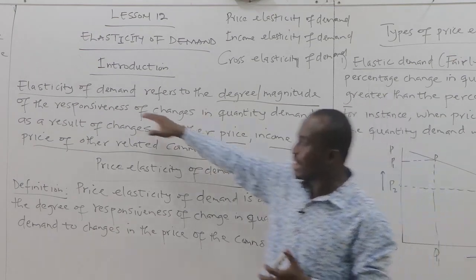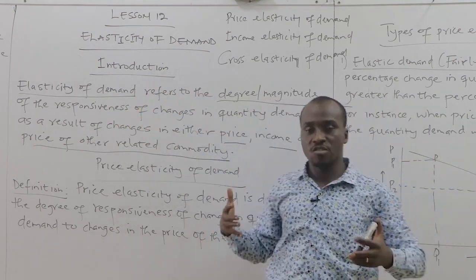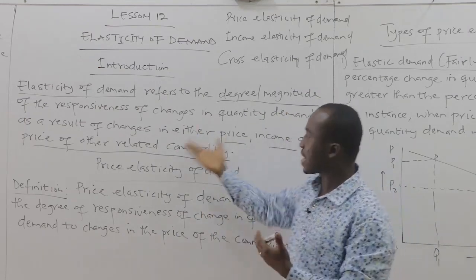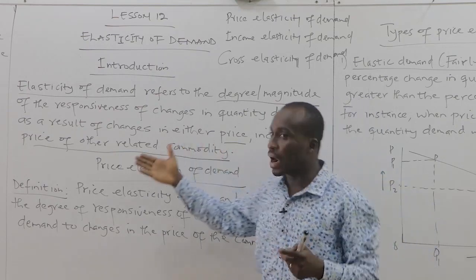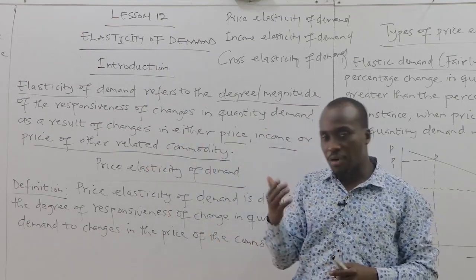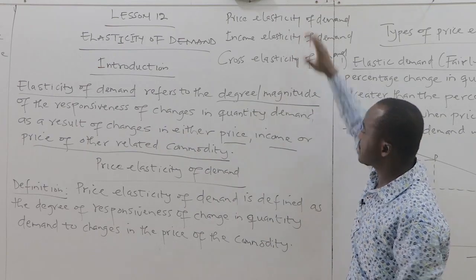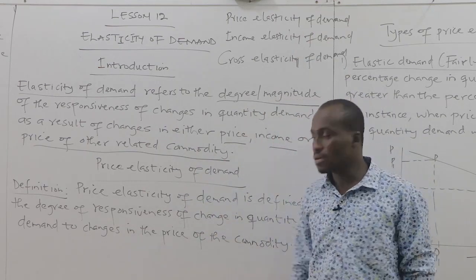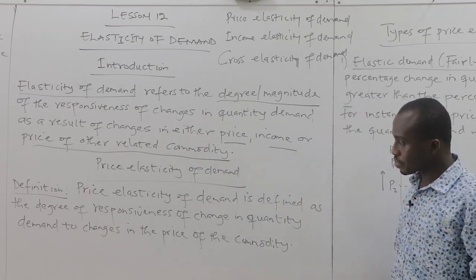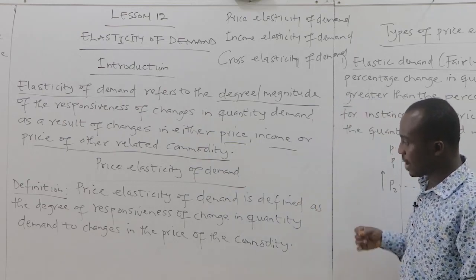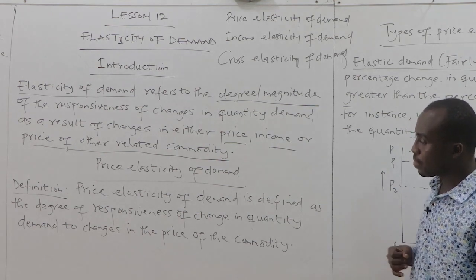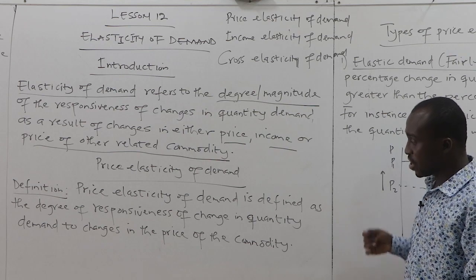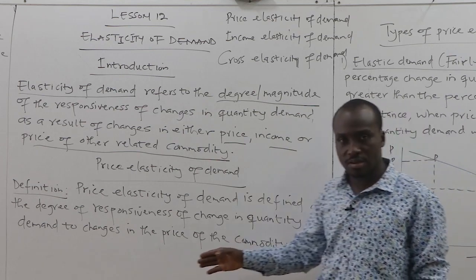So elasticity itself is a broad topic that tells you how consumers change the quantity they buy whenever there's a change in price, either price, income, or price of a related commodity. So we are now going to take the first type, which is called the price elasticity of demand. Price elasticity of demand is defined as the degree of responsiveness of changes in quantity demanded to changes in the price of the commodity.